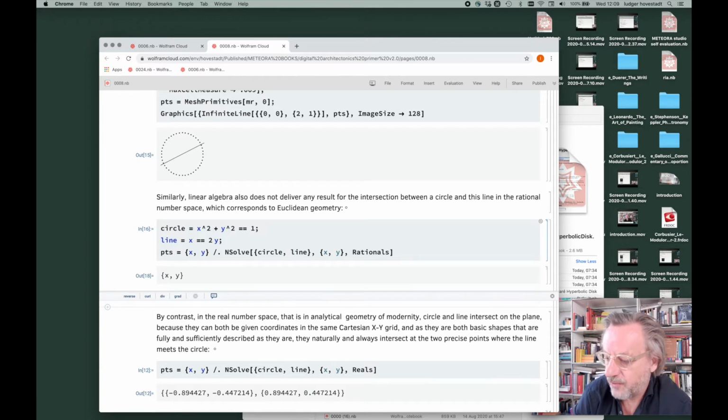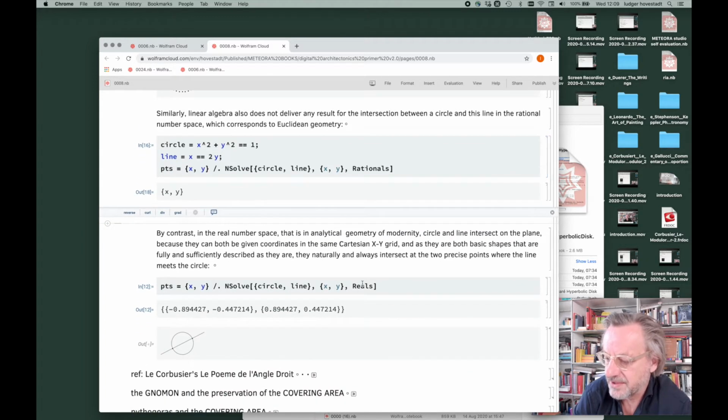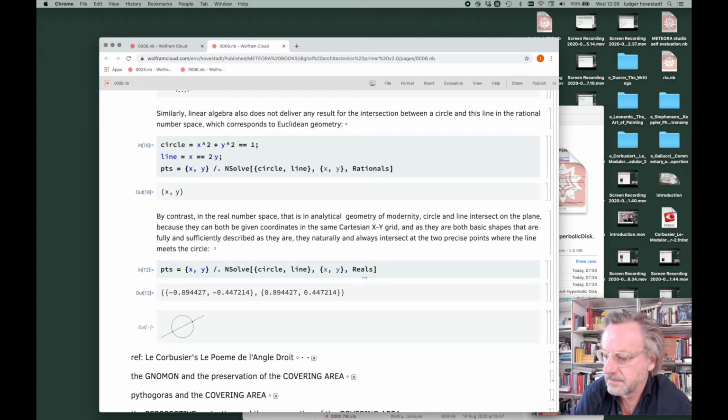So if we go to the real numbers and solve that, the same thing, but in the scale of spatiality given by the number space of the real numbers, which includes all the square roots and so on, then we get a solution.